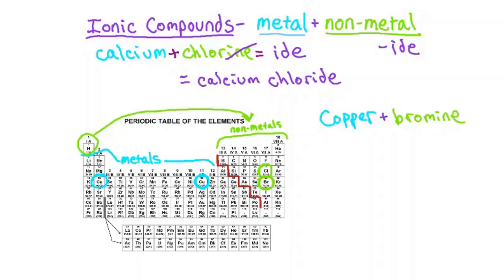What you're going to do is keep the copper at the beginning, because you list the metal at the beginning, and then you list the non-metal. And instead of bromine, you change that ending to "ide." So that ends up as copper bromide.